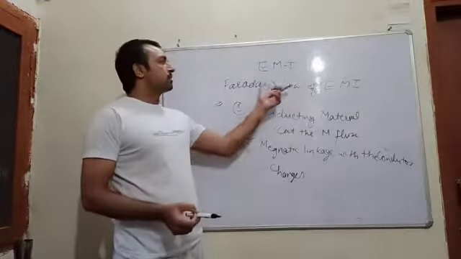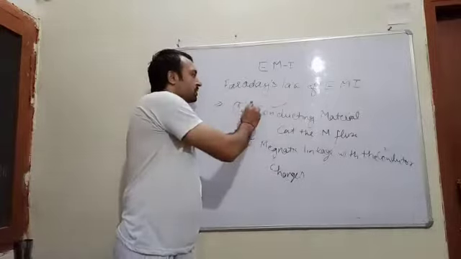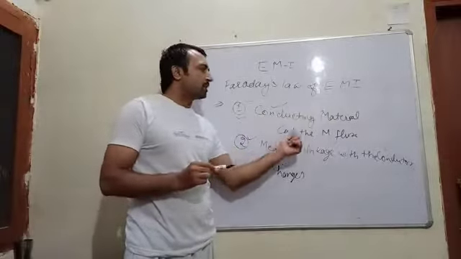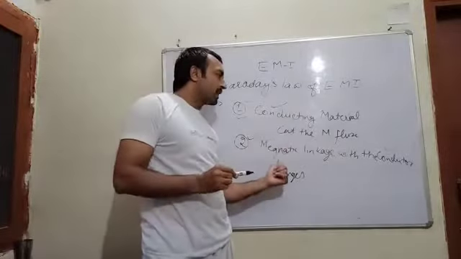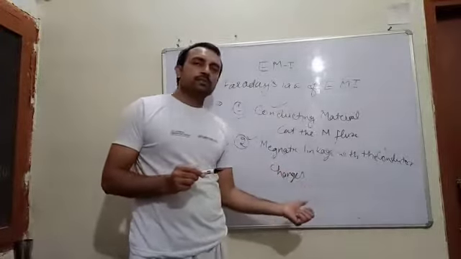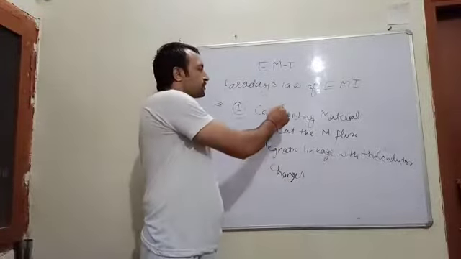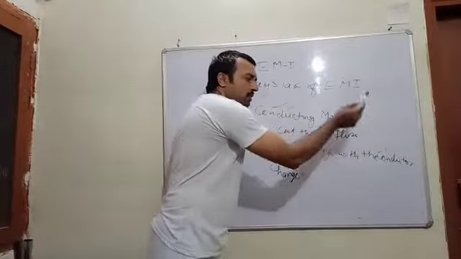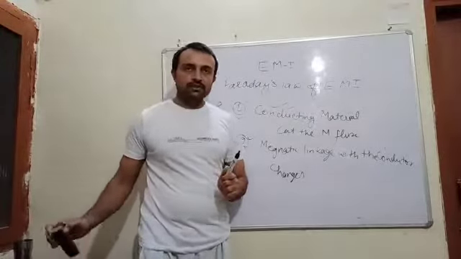So as per Faraday's law of electromagnetic induction, there are two situations. First one is when the conducting material cuts the magnetic flux, and the second situation is when the magnetic linkage with the conductor changes. In both of the cases, EMF will be induced into the conducting material. This is Faraday's law of electromagnetic induction.